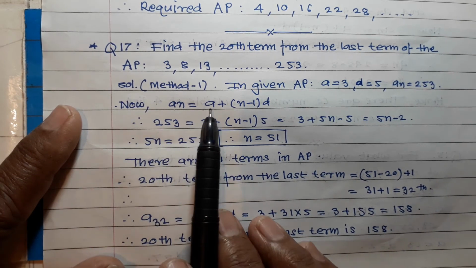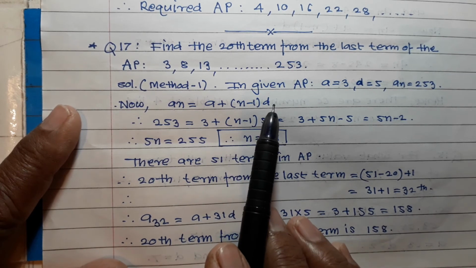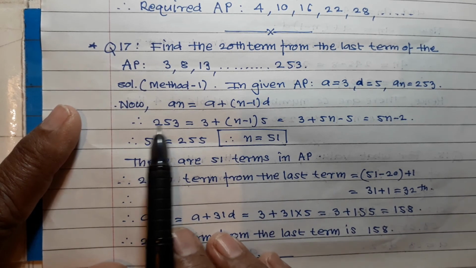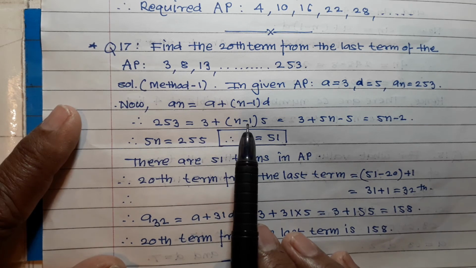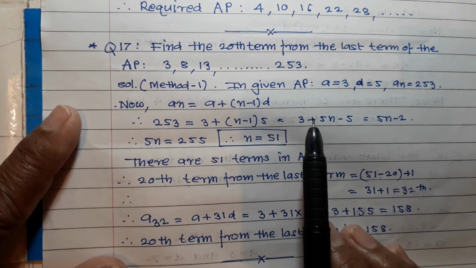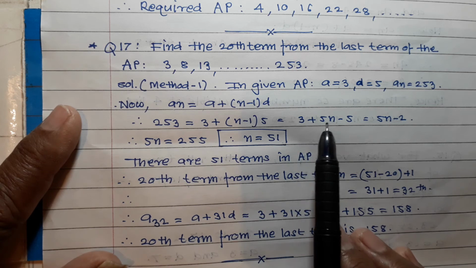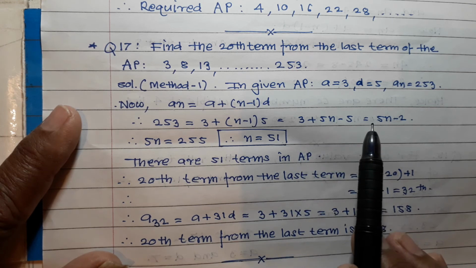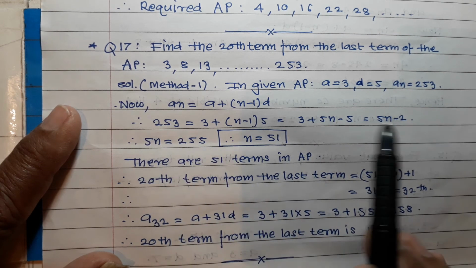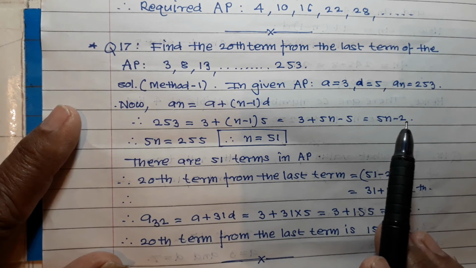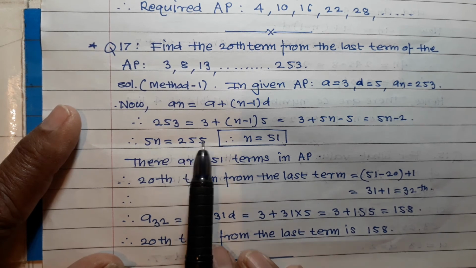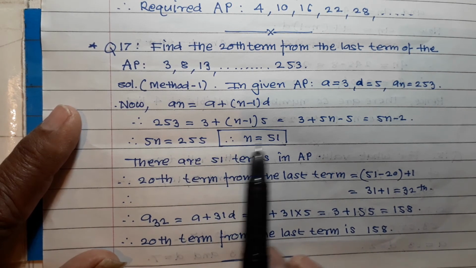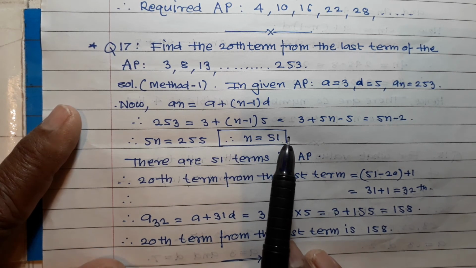Now an = a + (n - 1)d, and therefore 253 = 3 + (n - 1) × 5 = 3 + 5n - 5, and therefore 253 = 5n - 2, and therefore 5n = 255 and n = 51.